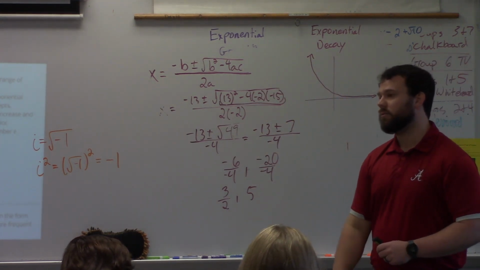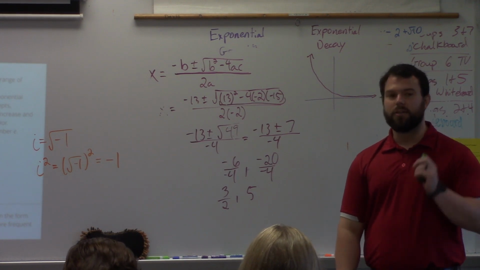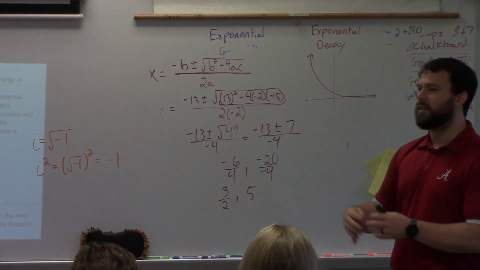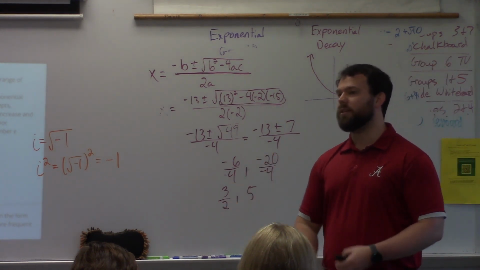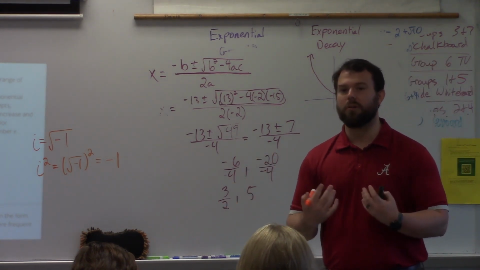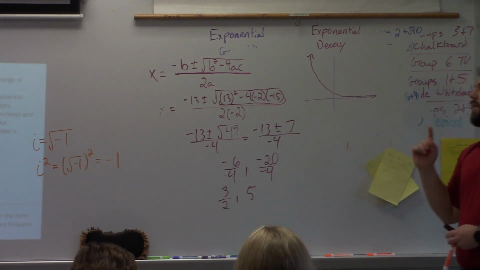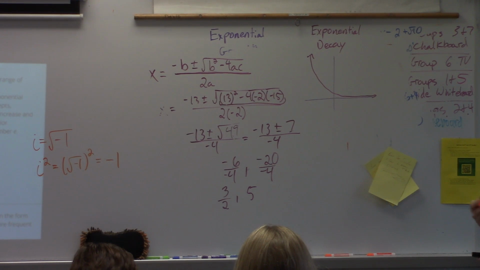It's a letter. But we use that letter to represent a really important number, 3.14159. We use pi because pi is an irrational number. That decimal never terminates and never repeats. We are learning about a new one today known as the natural base, and it is the number e.